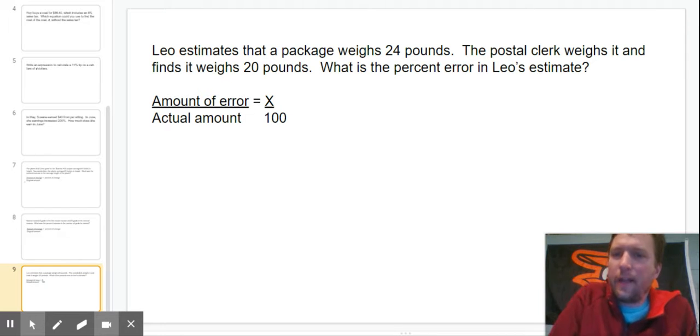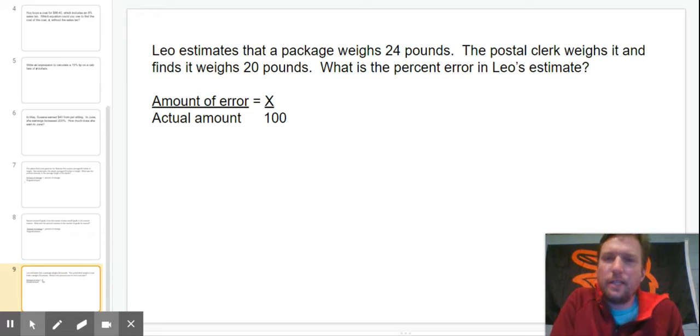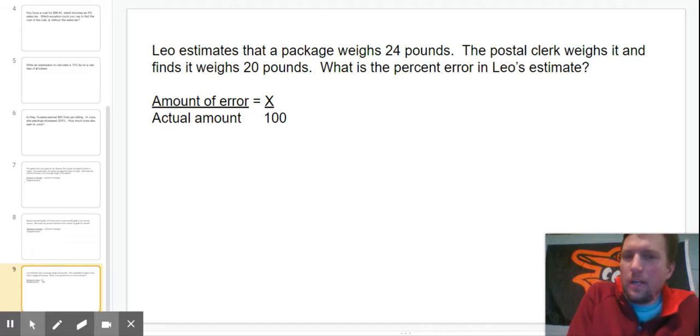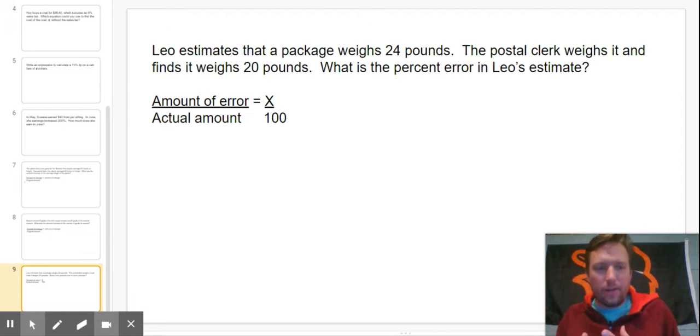Yesterday and the end of last week, we were solving problems that had to do with percent of change. Today is a very similar topic, but it's a little bit different as we explore percent error. There was an original amount, and the actual amount is a little bit different.